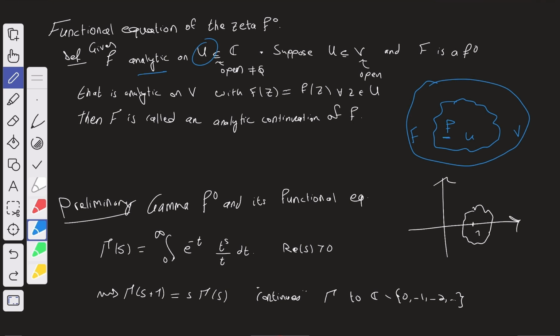So if F(z) equals f(z) for every z in the smaller set U, then we call big F an analytic continuation of little f.